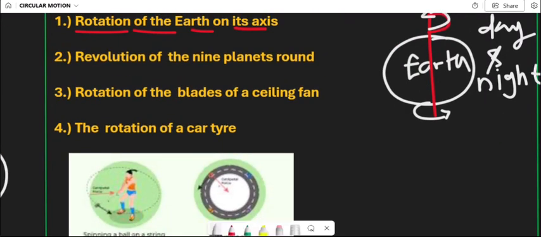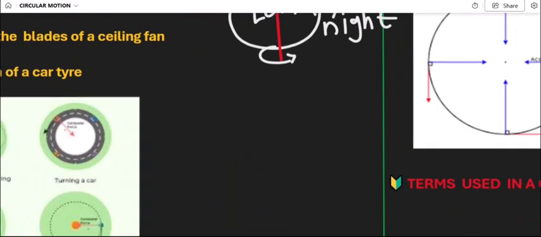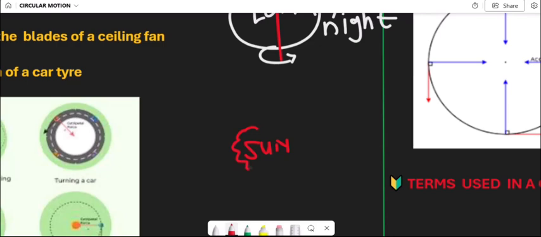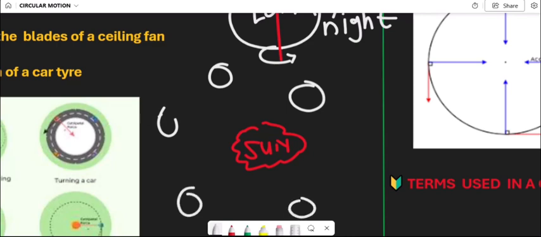Another example is the revolution of the 9 planets around the sun. Now, basically, we don't have 9 planets, but we have 8 planets. So the sun is the center of the universe. Then around the sun, we have the planets at particular distances away from the sun.